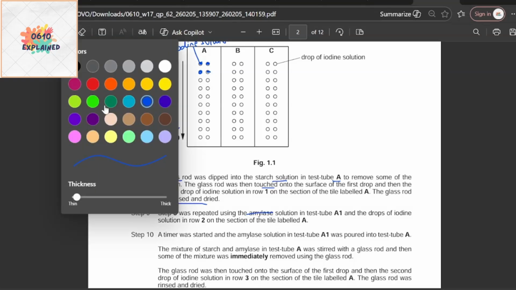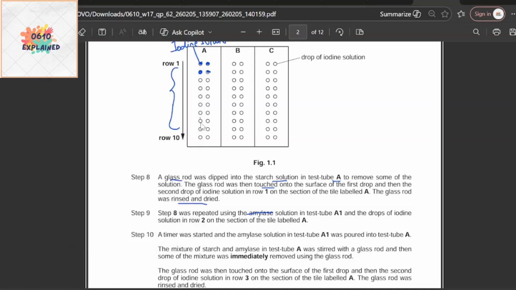Okay, so when starch is reacting with amylase, that is, it's broken down by amylase, the iodine solution color will change.